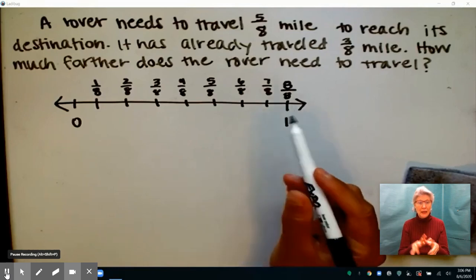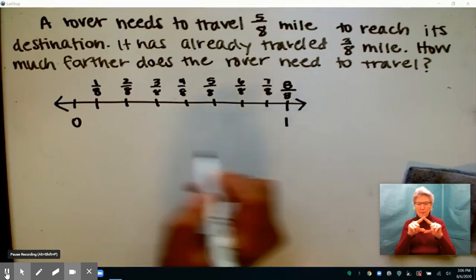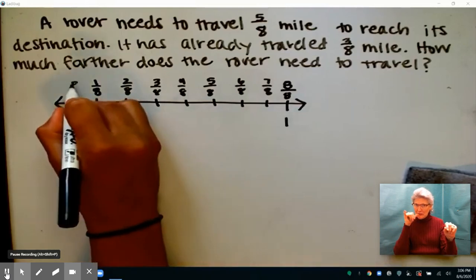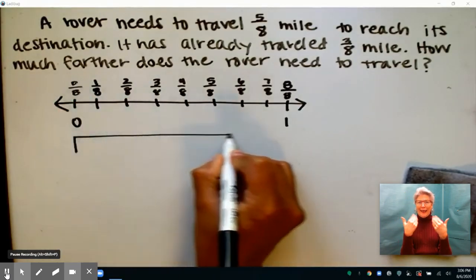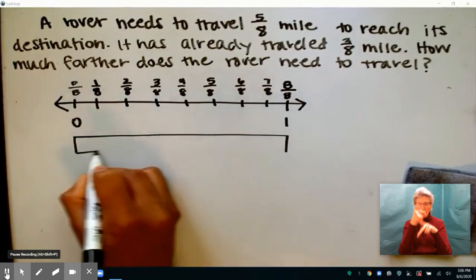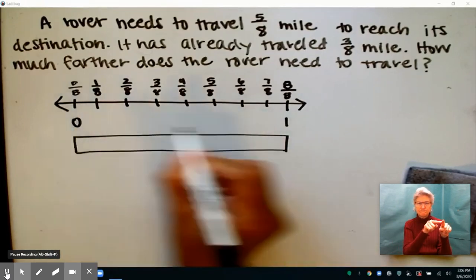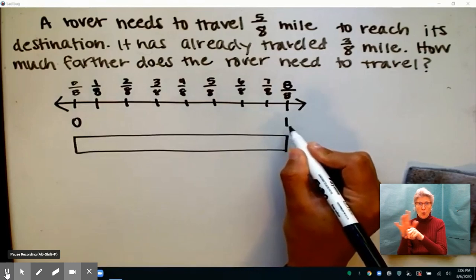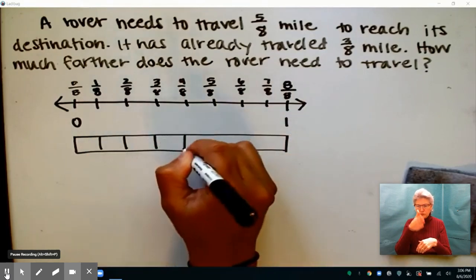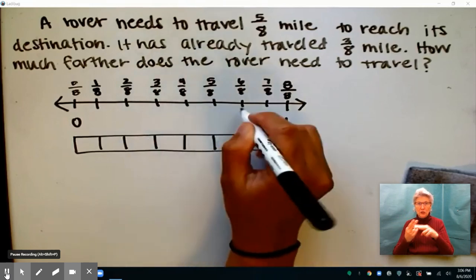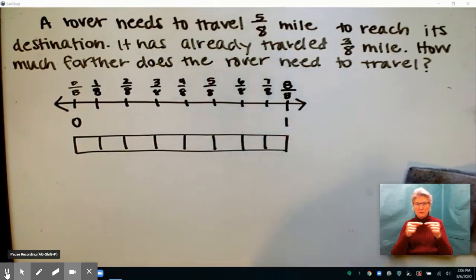So now what I'm going to do is use a bar model like we did yesterday to help me figure out and visualize what I have in this problem. So I'm going to draw my bar model from my 0 all the way to my 1 whole, my 8/8, and I can split it into 8 sections using these little hash marks on my number line as a guide.